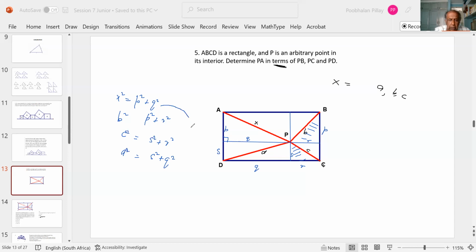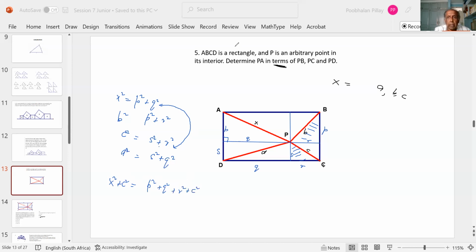But if you look now, you'll see here, I've got P squared, Q squared, R squared, and S squared. So if I add these two, I'm going to get P squared plus Q squared plus R squared plus S squared. So I've got X squared plus C squared is equal to P squared plus Q squared plus R squared plus S squared.